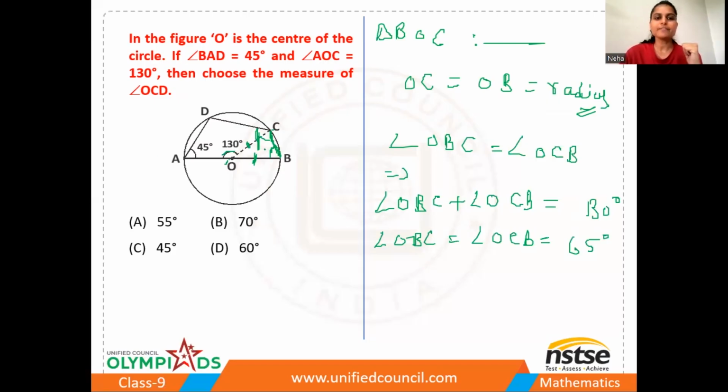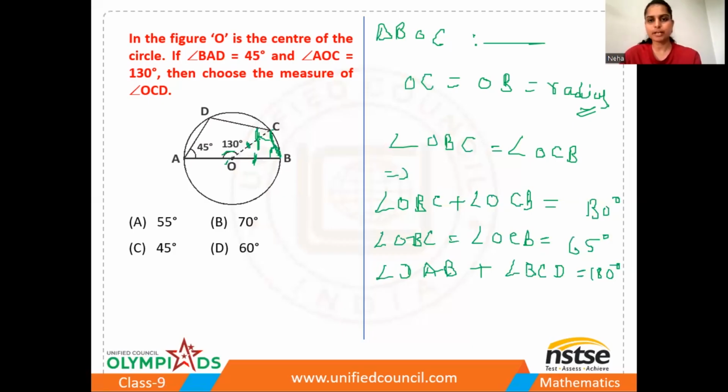Alright, so now I have these two angles, but I have to find the angle OCD. For this, I know one thing: ABCD is a cyclic quadrilateral, right? And we know the property of a cyclic quadrilateral: angle DAB plus angle BCD will be equal to 180 degrees.